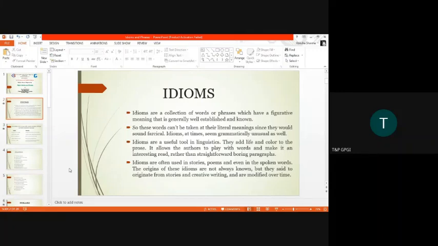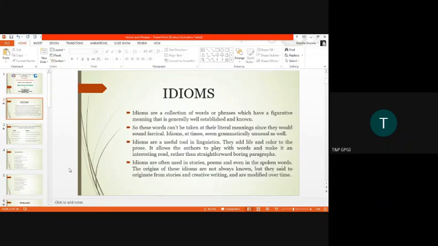Idioms at times seem grammatically very unusual as well. But idioms are very useful in linguistics when you speak. While speaking, idioms play a very vital role in improving your conversation and the feeling or emotion that you are expressing.